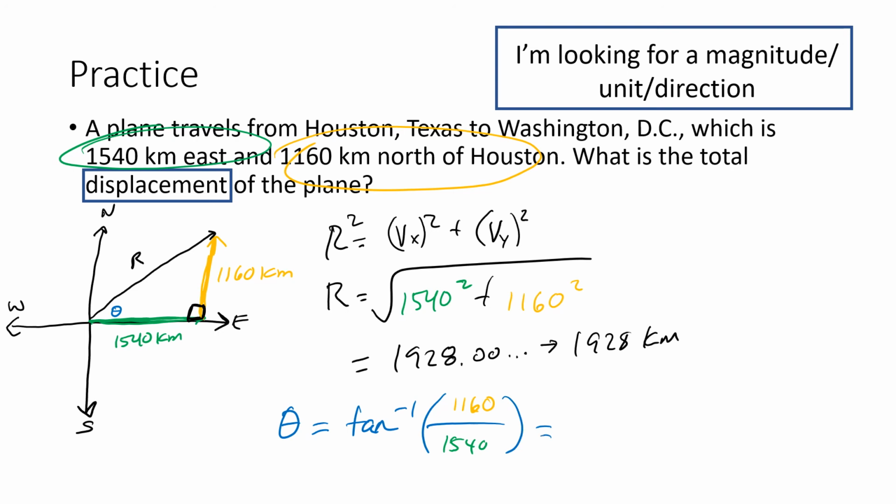The angle that you end up with is 36.9887, so that's approximately 37 degrees. So my final answer for the total displacement is 1,928 kilometers at 37 degrees. And that's fine.